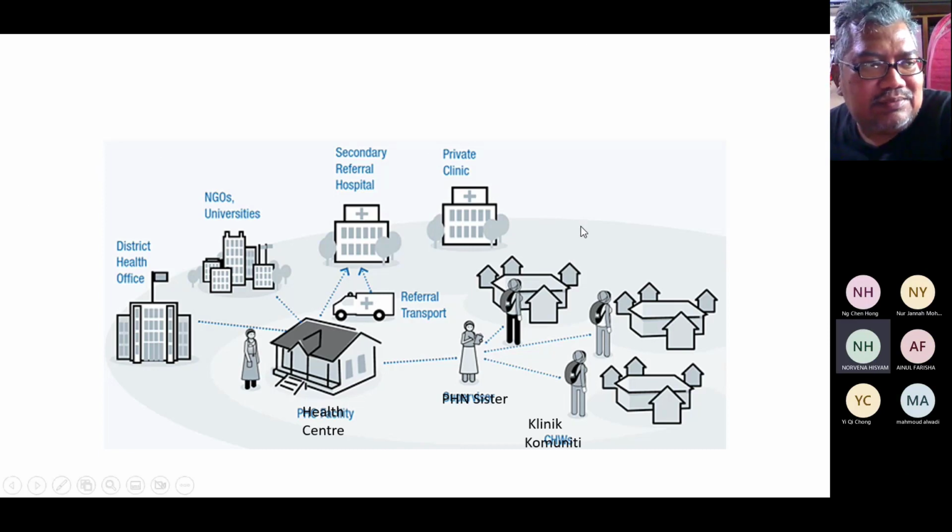This two-tier system consists of the rural health clinics, also known nowadays as community clinics. Last time, the rural health clinics were maintained by Jururawat Desa, rural nurses.